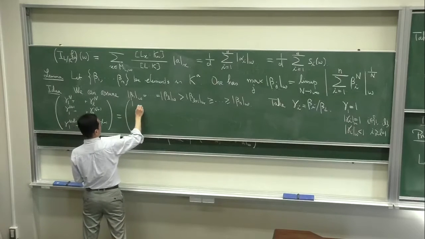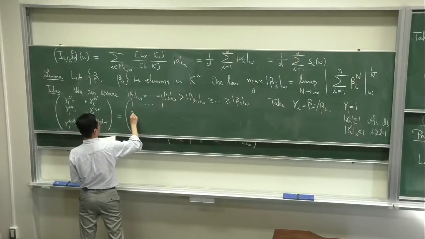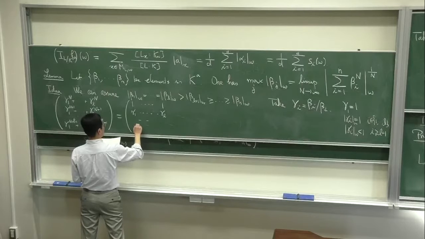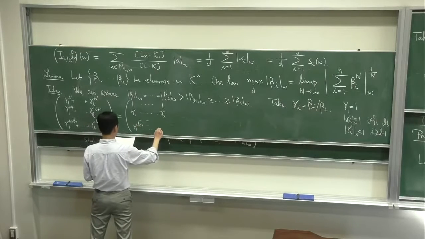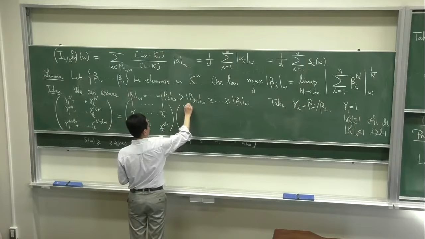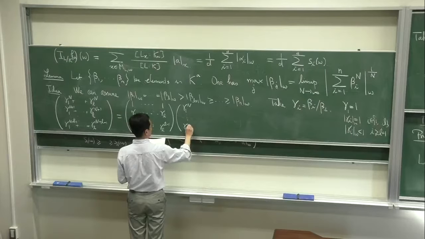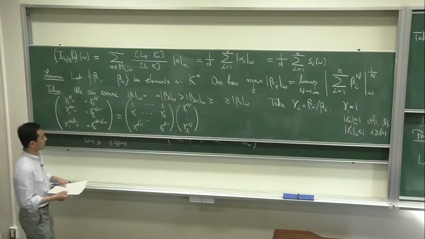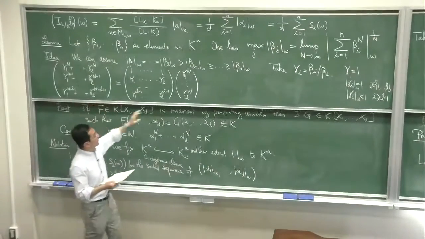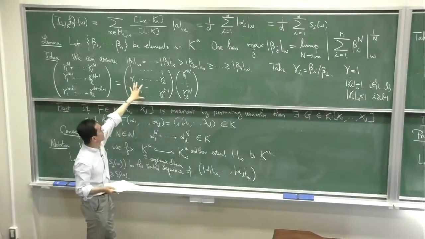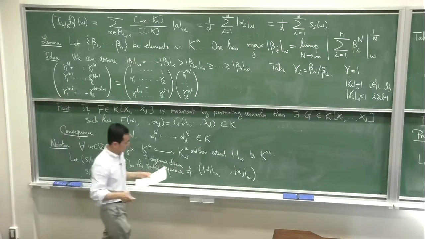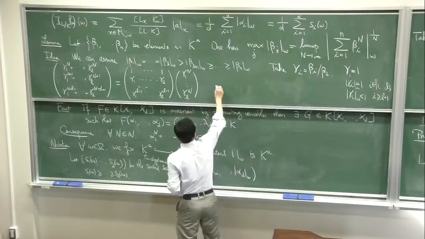So this is a Vandermonde matrix, multiplied by the vector (gamma_1^n, ..., gamma_L^n). So you have a vector like this, and if you multiply by this matrix, you obtain another vector that you are interested in.